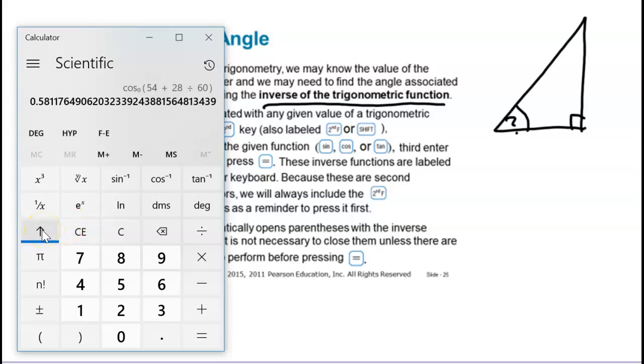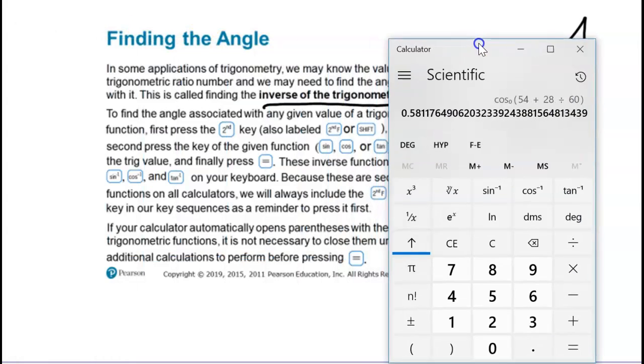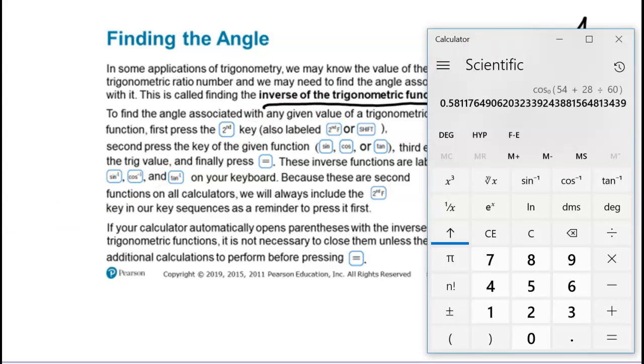It's not truly an exponent, it's more of an indicator that it is the inverse of sine, cosine, and tangent. So I flip through, I go sine, cosine, and tangent, and those are the inverse keys. Again, my calculator is a little bit different than theirs.